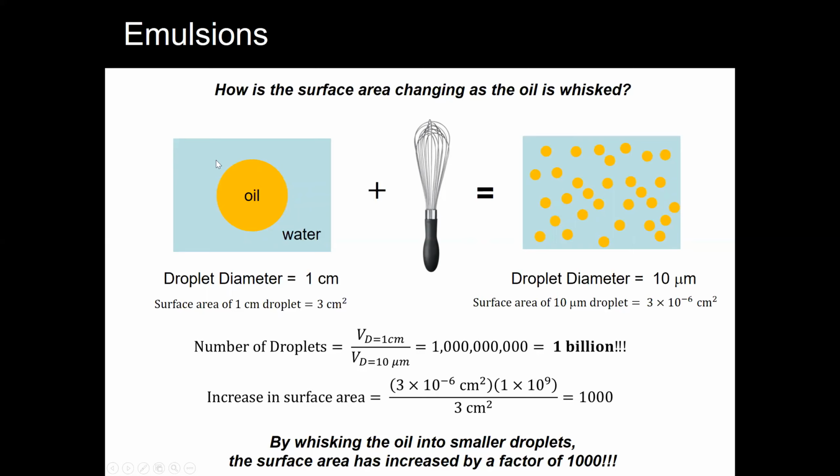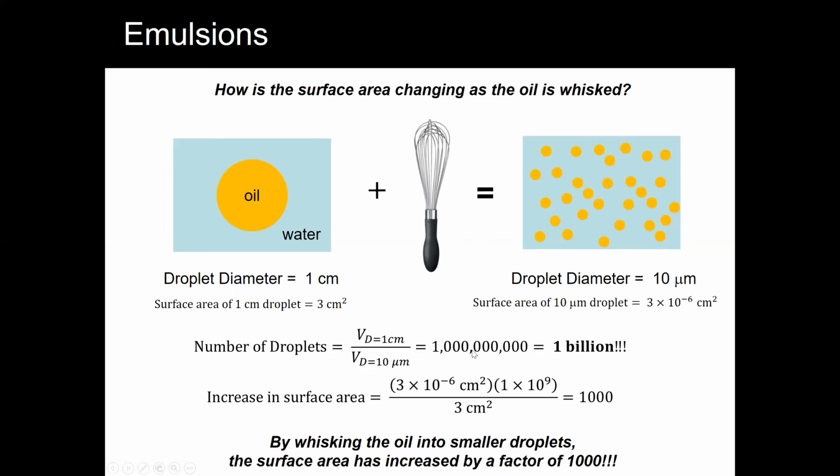And then we whisk this large droplet of oil into all these small droplets of oil that now have a diameter of 10 microns. Your hair is about 50 microns in diameter, so these droplets are smaller than the width of your hair. Okay, so these are tiny little droplets that we've created.